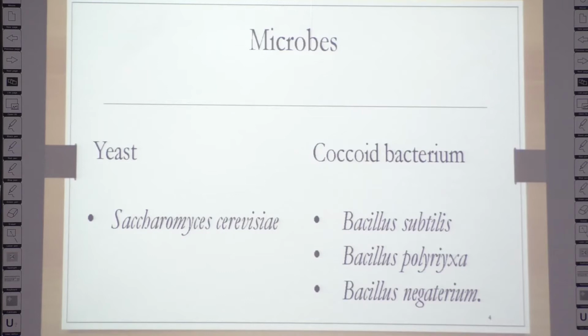Now let us see about this live feed. As I said first, the microbes, particularly the yeast and bacteria, constitute the live feed. And in the case of yeast, it happens to be Saccharomyces cerevisiae. It is baker's yeast.